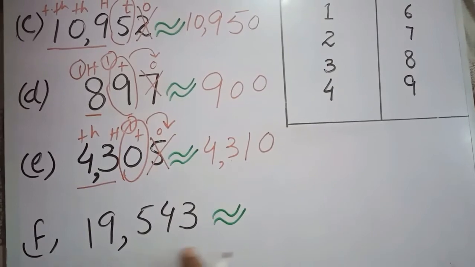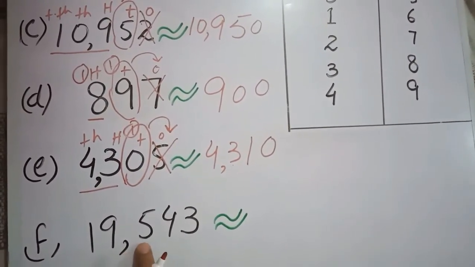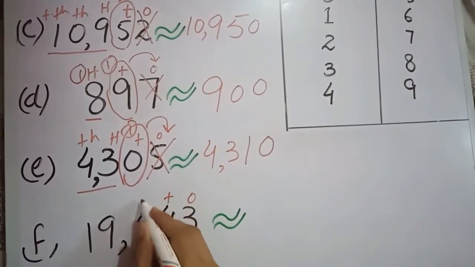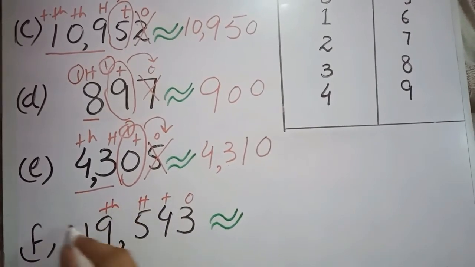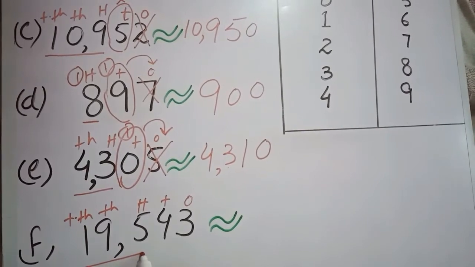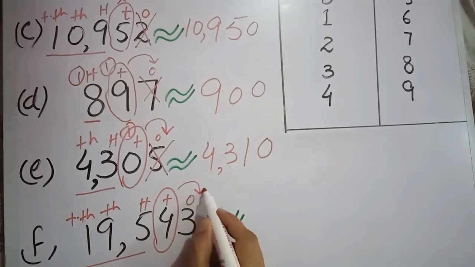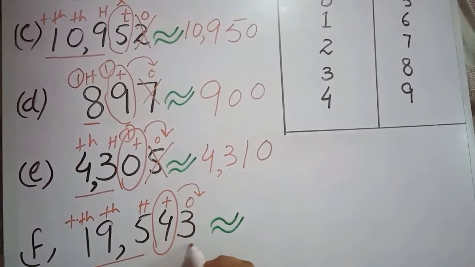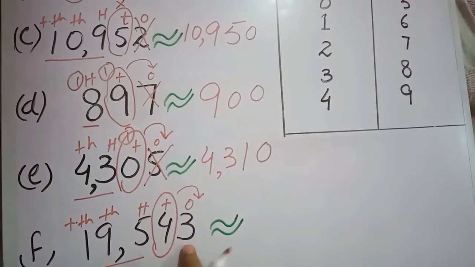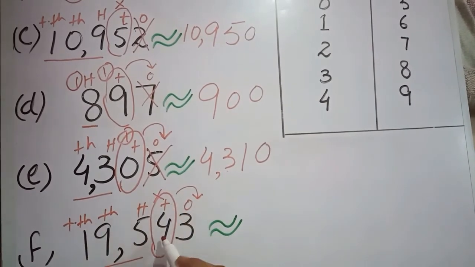Now the F part. In the F part we have the number 19,543. First of all, again we will put place values: ones, tens, hundreds, thousands and ten thousands. Again these are the constant numbers, and we have to round off the tens place by looking at the next digit. The next digit is a weak group member according to the table, and we will not carry 1 onto the 4.